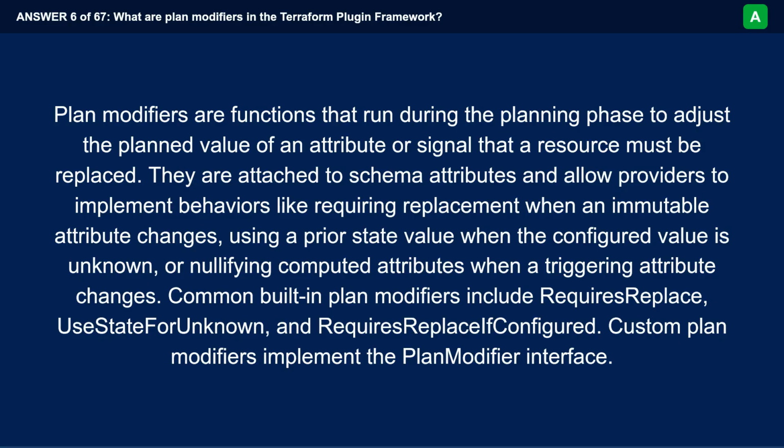They are attached to schema attributes and allow providers to implement behaviors like requiring replacement when an immutable attribute changes, using a prior state value when the configured value is unknown, or nullifying computed attributes when a triggering attribute changes. Common built-in plan modifiers include RequiresReplace, UseStateForUnknown, and RequiresReplaceIfConfigured. Custom plan modifiers implement the plan modifier interface.